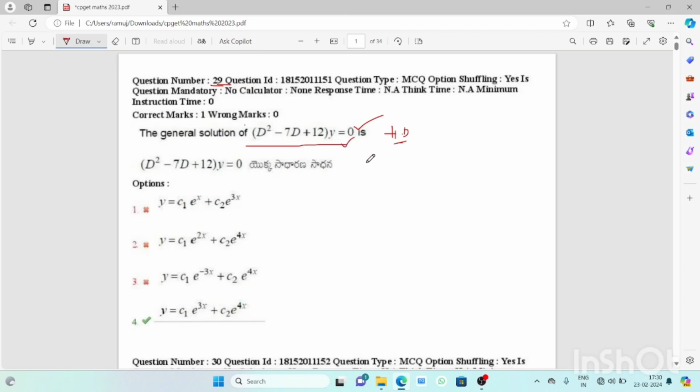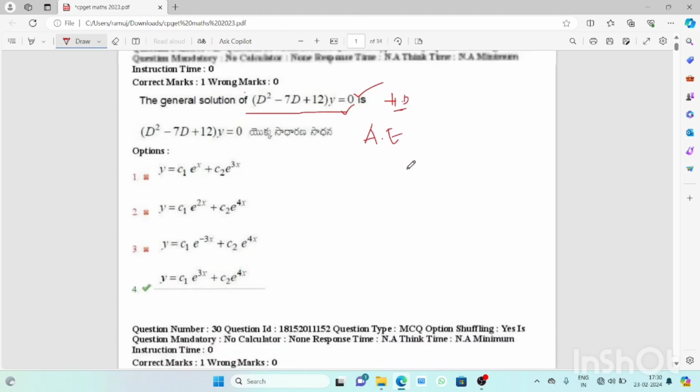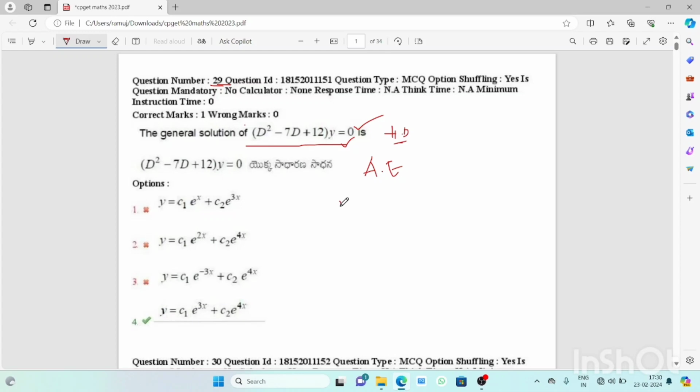By using the auxiliary equation, we can find the complementary function of a differential equation. I just consider D as m. I will get m square minus 7m plus 12 is equal to 0. If you find the roots of this quadratic equation, I will get m equal to 3, 4.